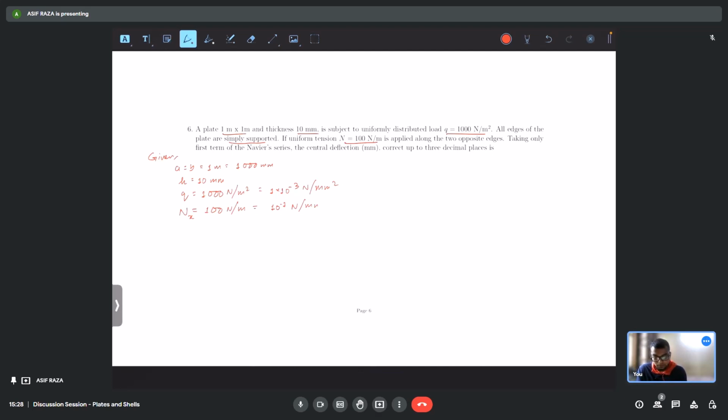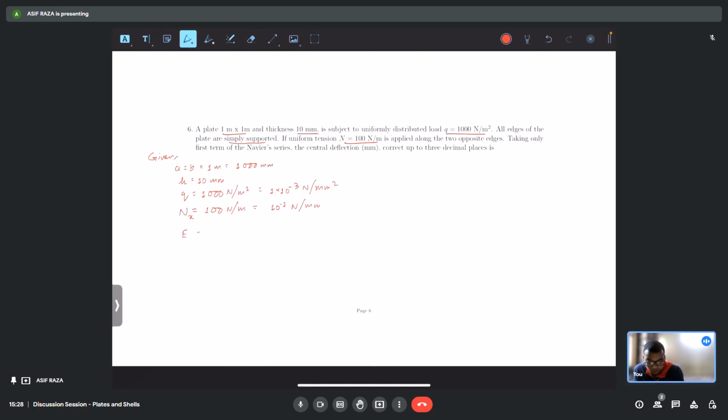Okay, so with this I can find the flexural stiffness of the plate. Okay, so we are missing some values.